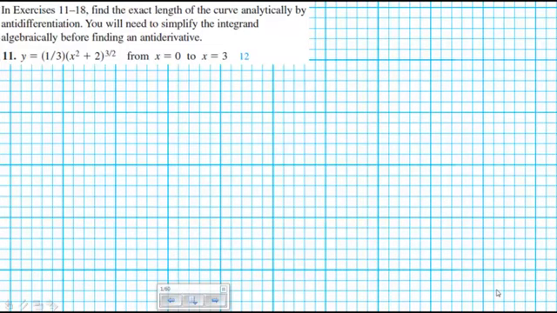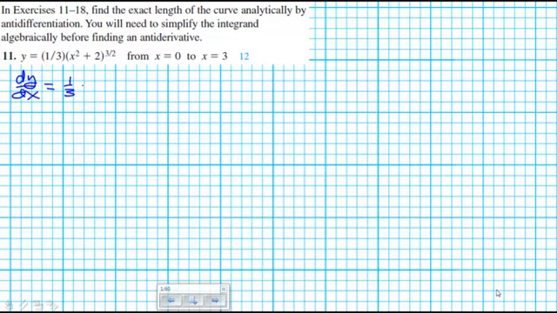All right, number 11. So this is one of those ones where it's very contrived, but this is one of the few that we're actually going to be able to do the antiderivatives. So let's go ahead. It's already in the form y equals, so let's go ahead and find out what dy/dx is.